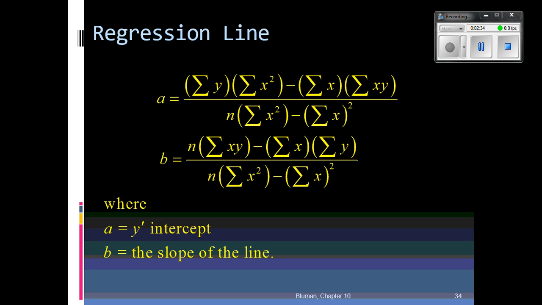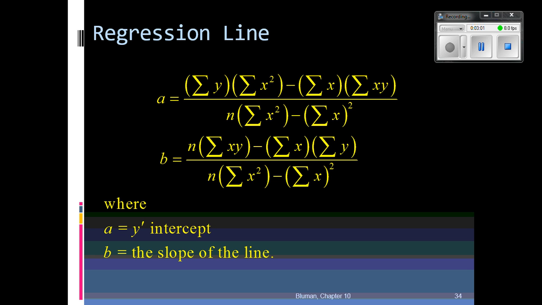Again, not very nice formulas, not ones that look like they'd be especially fun to do, especially when you get into a large number of data points. The nice thing is, if you paid attention to our calculator when we calculated the R value, the correlation coefficient, you also noticed that it gave us an A and a B. Some calculators are different than others.